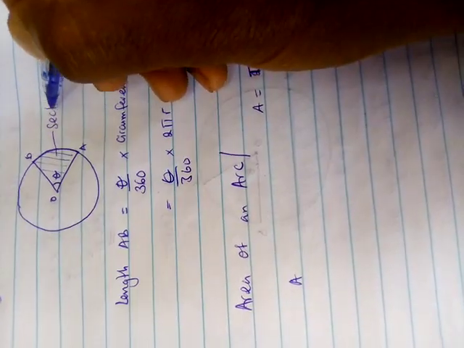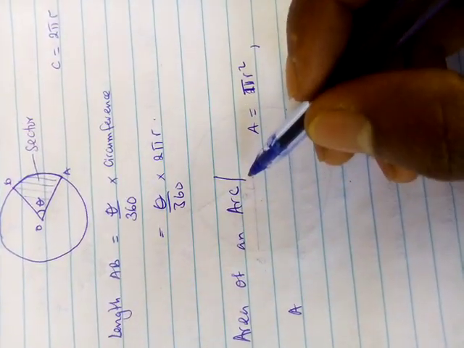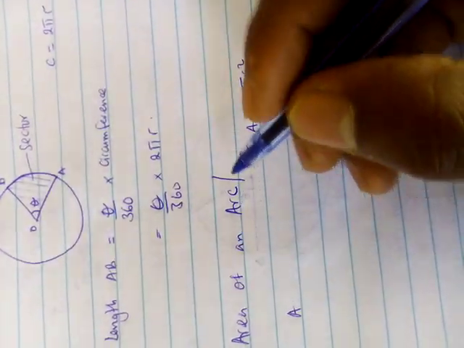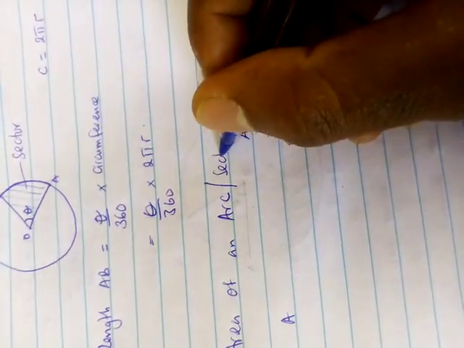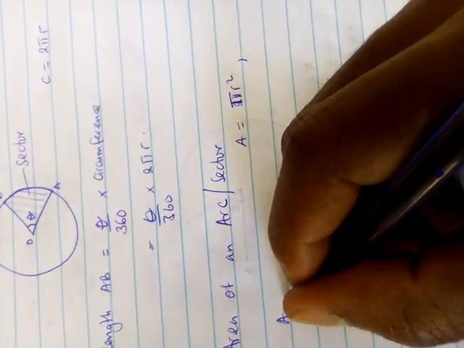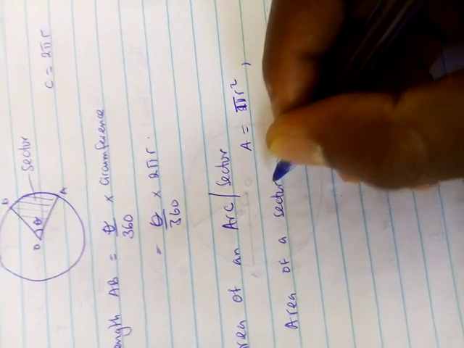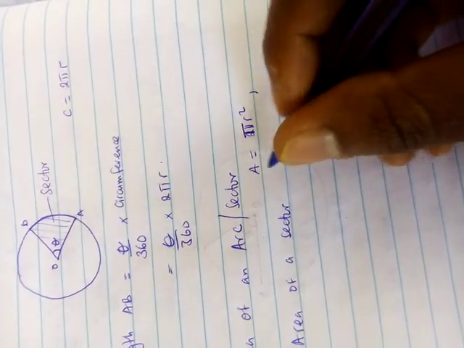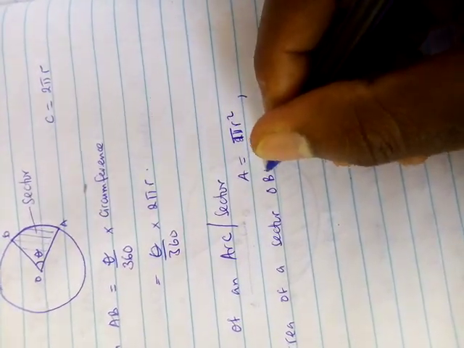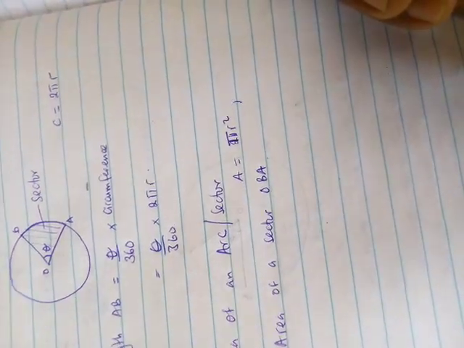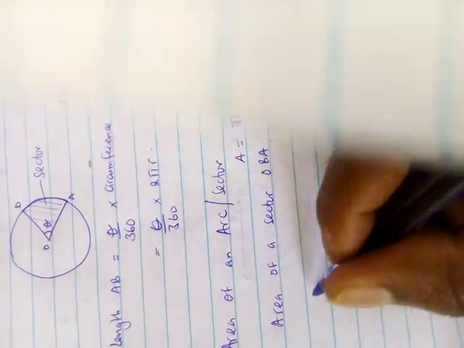This region is a sector. The area of an arc is the area of a sector. So the area of a sector OBA, still the same thing.